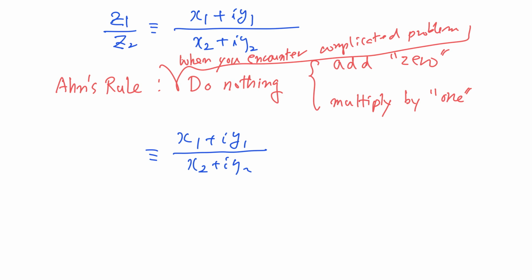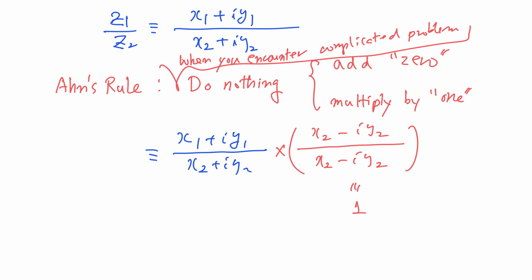So I'm going to use the do-nothingness: x2 minus iy2 over x2 minus iy2. So overall, this is 1, right? Whatever the expression is, we multiply by something and divide by the same thing. It doesn't change anything, right? It's the same as just doing nothing.